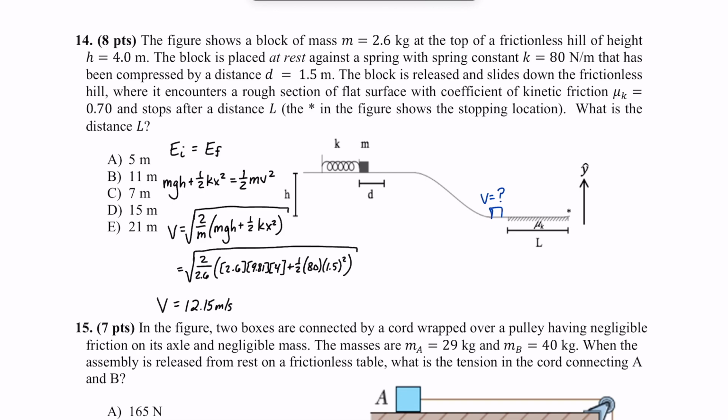So part 1 of the problem is now done. We have a velocity right before the object enters the rough patch. Once it's over here, it comes to a stop, and we can find from this information the acceleration that causes it to stop by applying Newton's second law, where the only force acting on the object in the horizontal direction as it comes to rest is the force due to friction.